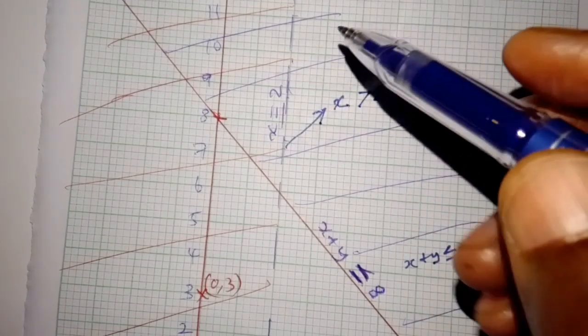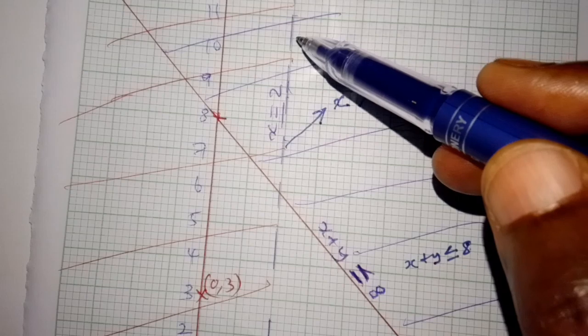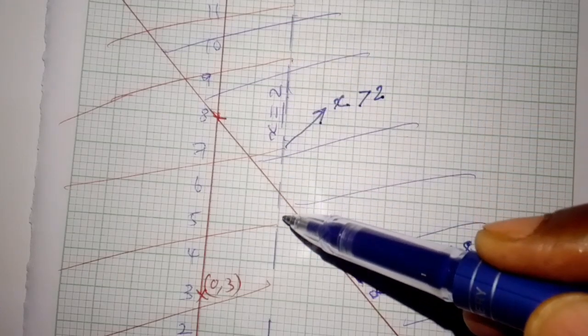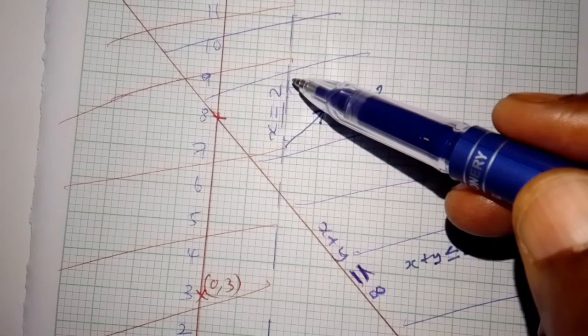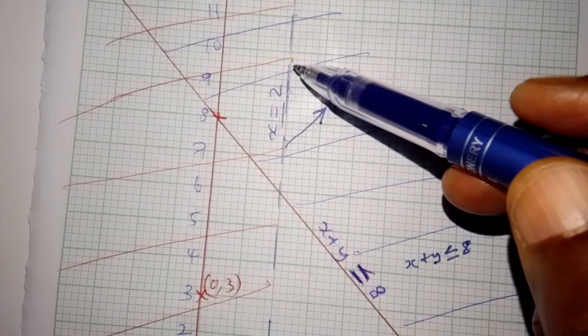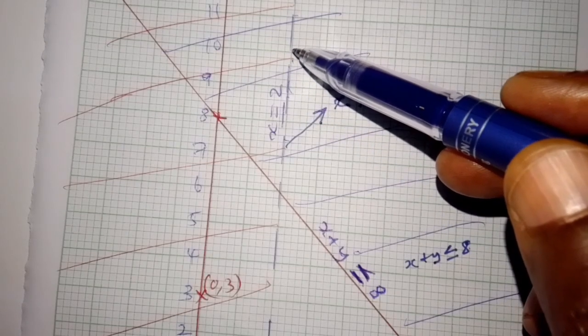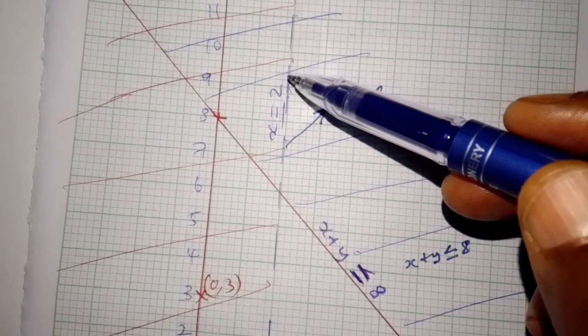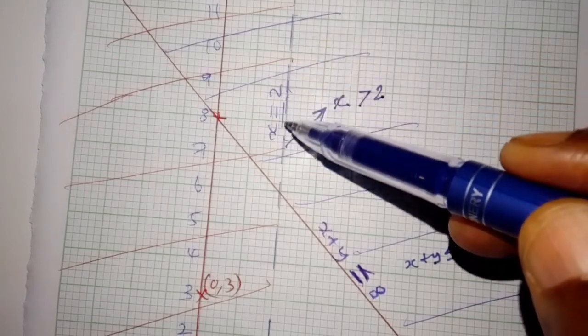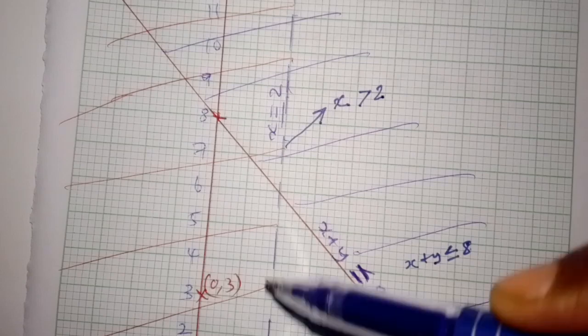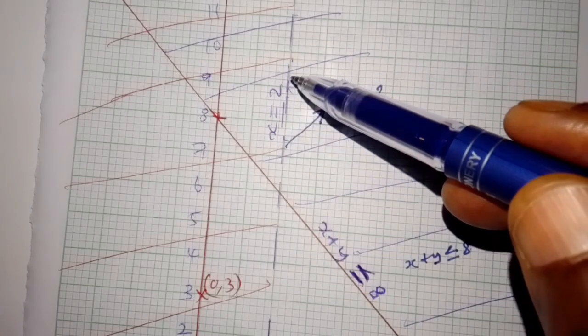So it means that any point lying on this broken line is not the required graph for this inequality here. So any point lying here is not valid. We are not going to count it.